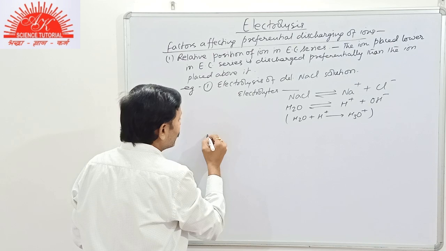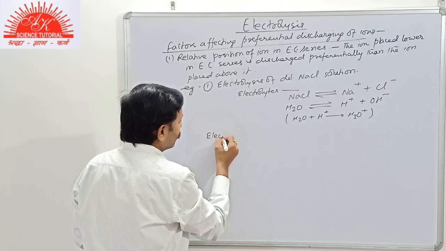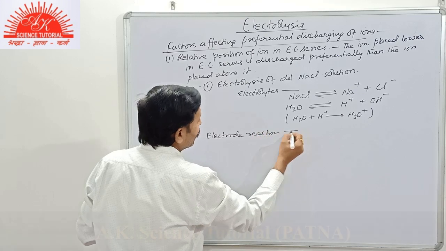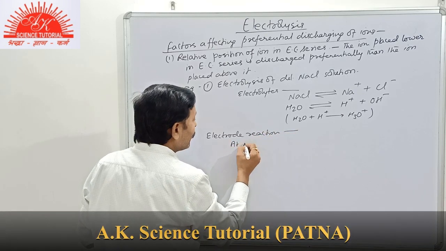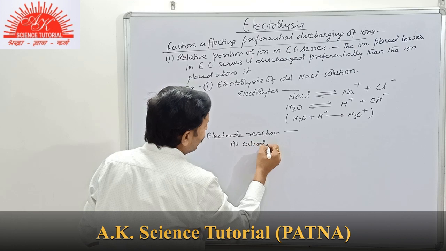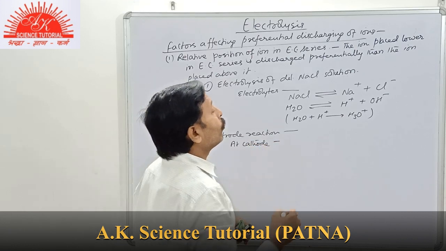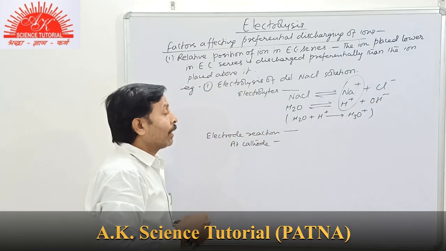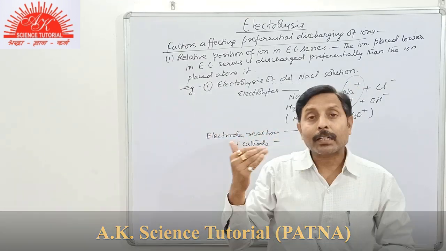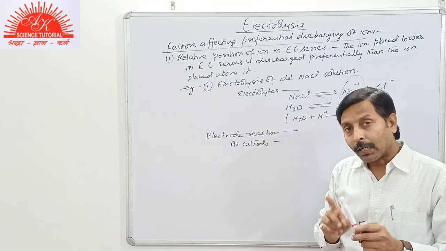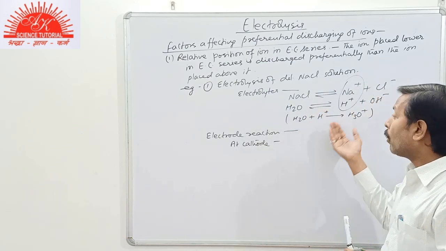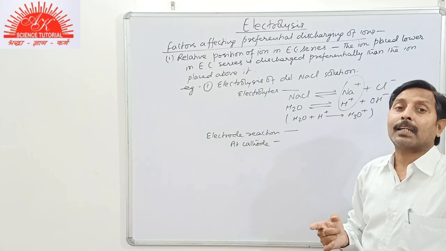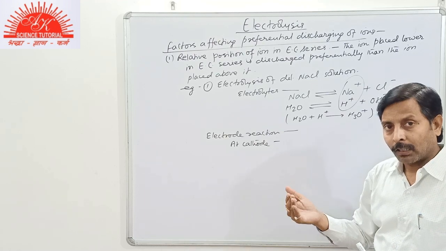Now when we write the electrode reaction, at the cathode, we have these two cations. Both of them migrate towards the cathode, but both will not be discharged simultaneously. Any one will be discharged in preference to the other.